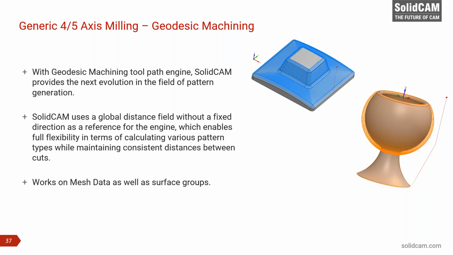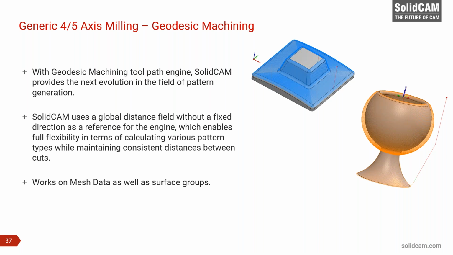The same principle is applied inside SolidCAM's geodesic machining, wherein the global distance, or the distance between two passes or two slices, does not get restricted to a fixed direction. Generally, in 3-axis, you always look from the Z direction and the toolpath is generated.